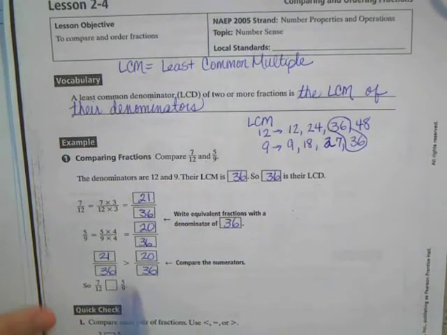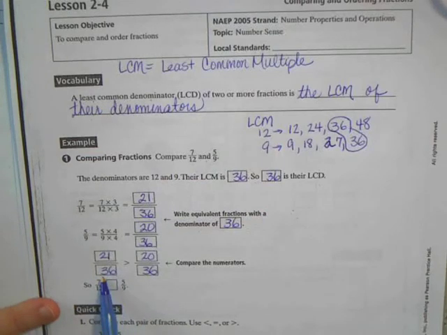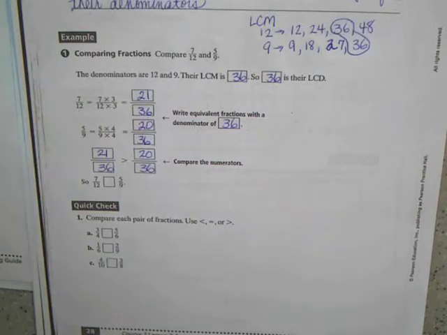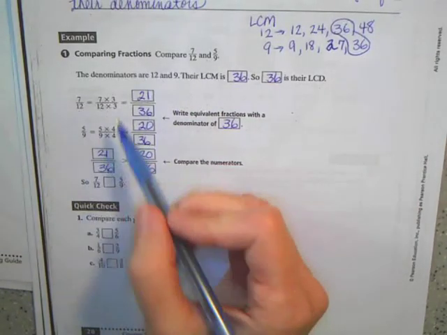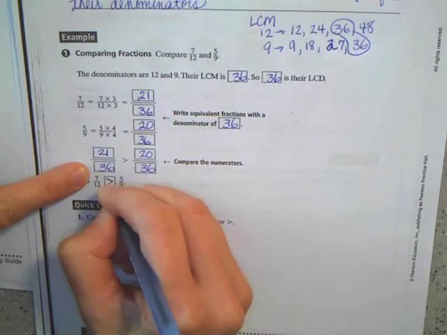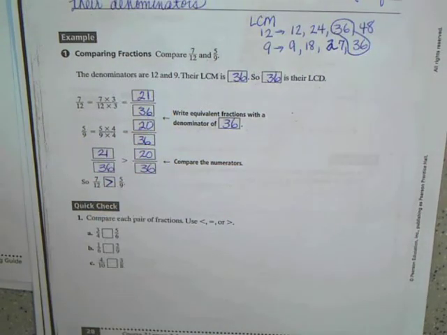Once I have the common denominator of 36, I simply need to look at the numerator. So this tells me that 7/12, which is equivalent to 21 over 36, is greater than 5/9.